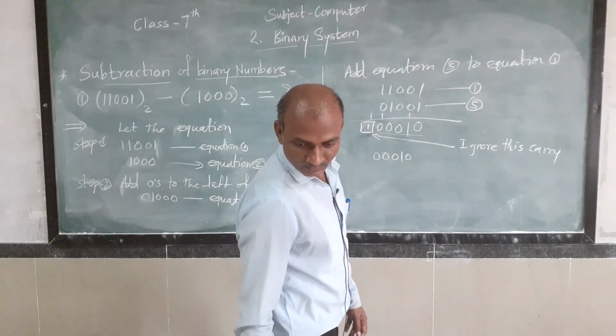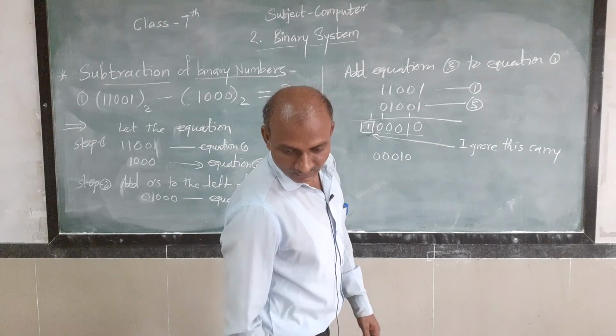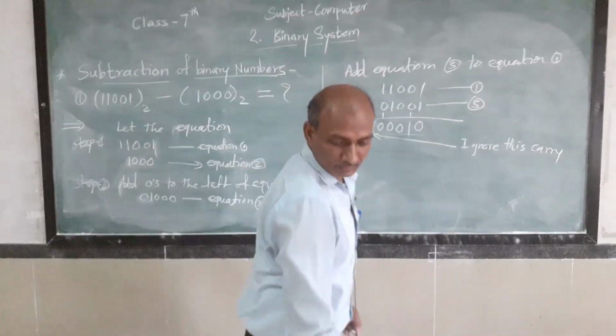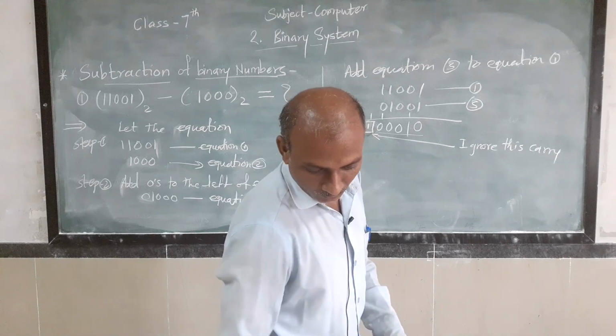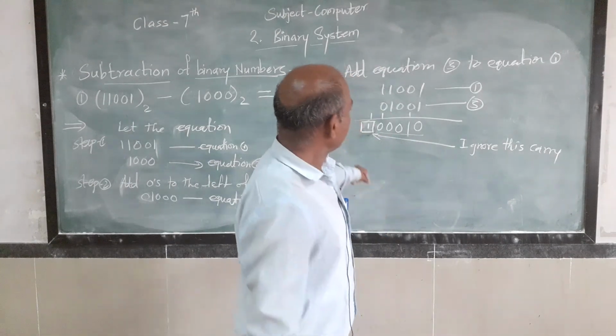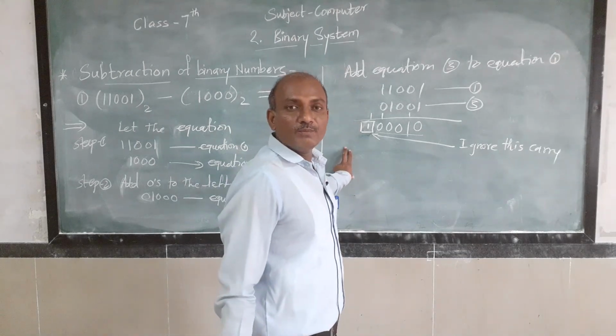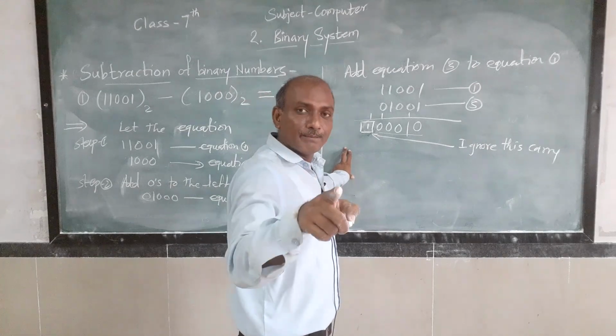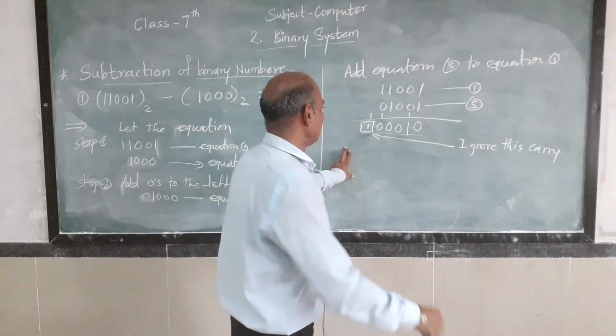If a carry is present, what do you have to do? What is our rule 5? If a carry is present, add 1 to the sum and you will get the result.